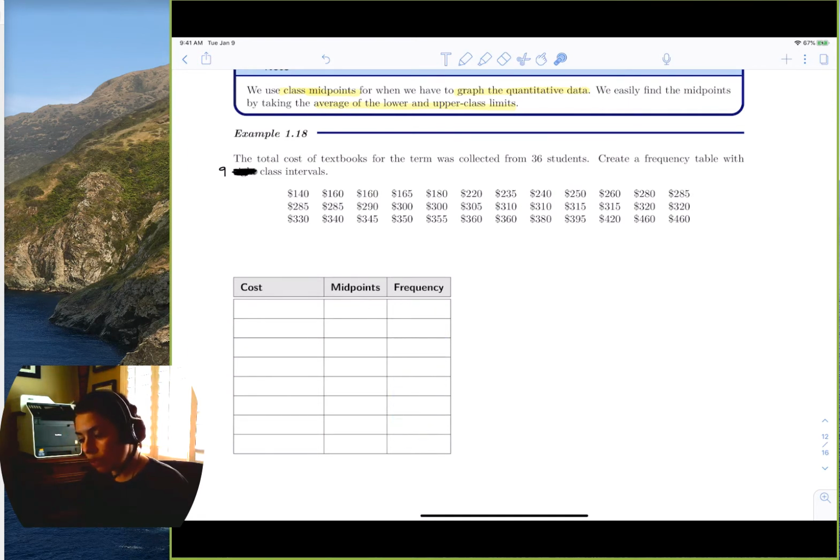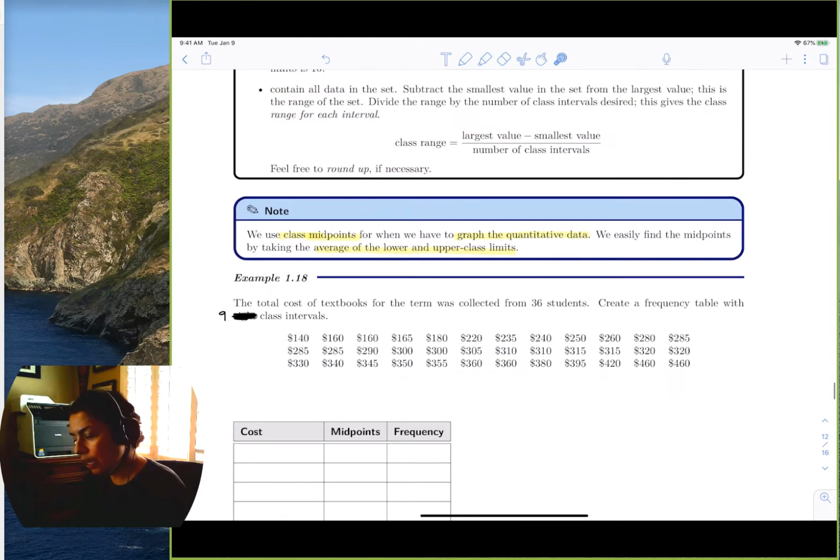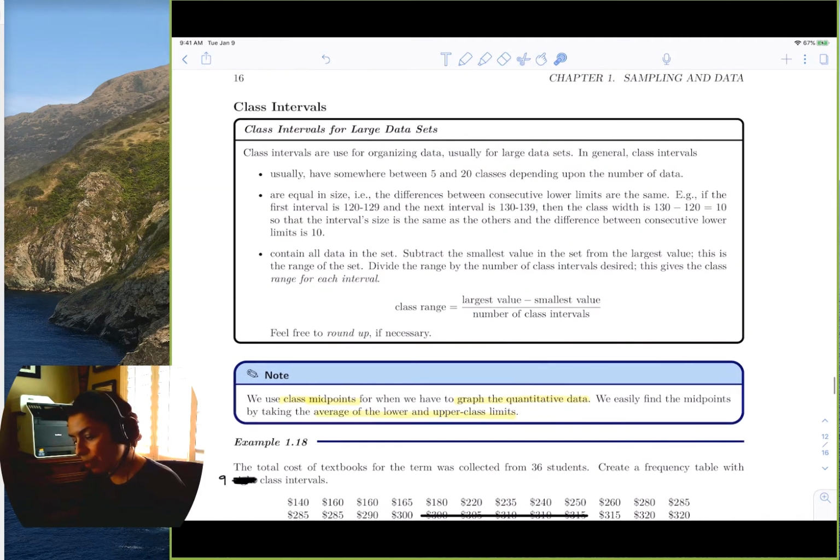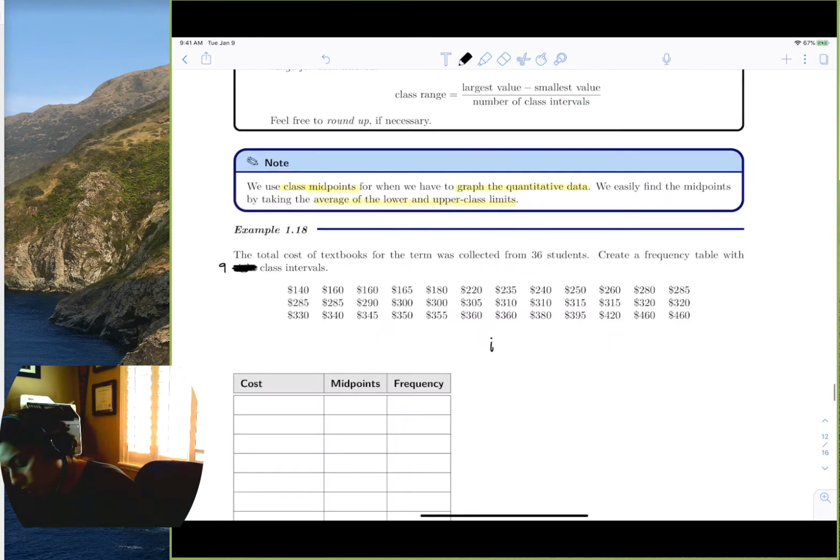Before we do anything, we need to determine our class range, and then we'll be able to do the subtraction and get the first column going. So the first thing is to find the class range, or in other words, the class width.